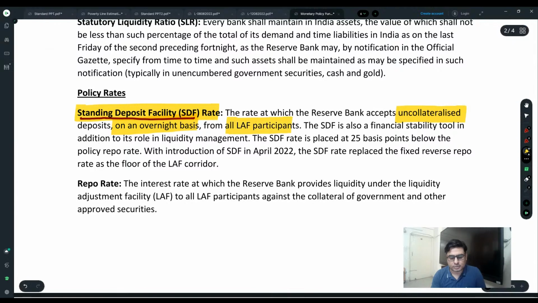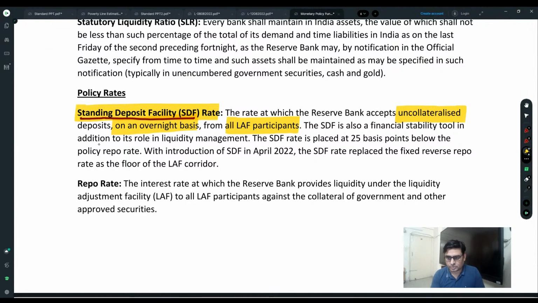Who are the LAF participants? That is the next thing. When we understand the LAF, I'll explain it. But right now, you just understand a few important words in the context of this standing deposit facility: overnight basis.